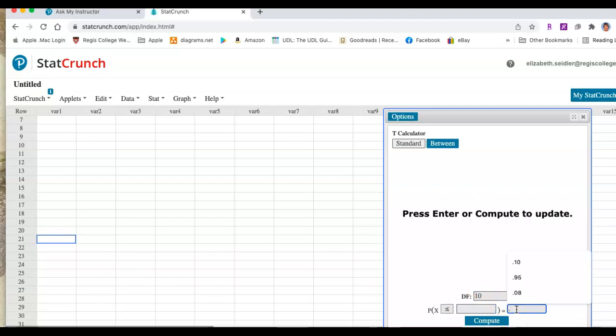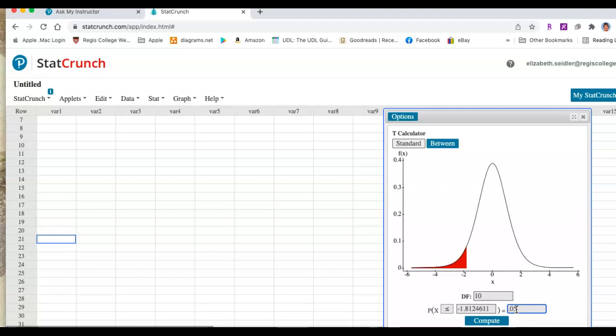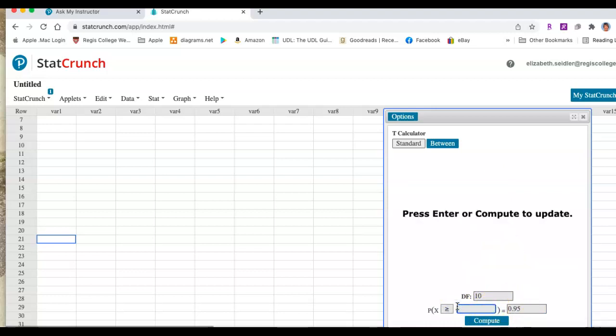Okay, let's just try that for 10. And let's try that for 0.05, and it's minus 1.81. So it squeezes it in a little bit towards the mean as our sample size is smaller. Okay, if I wanted to do a right-handed critical value computation, let's say 0.01, and my degrees of freedom are 19.